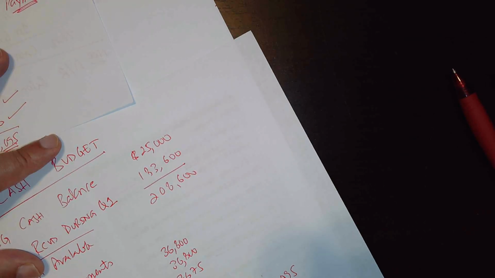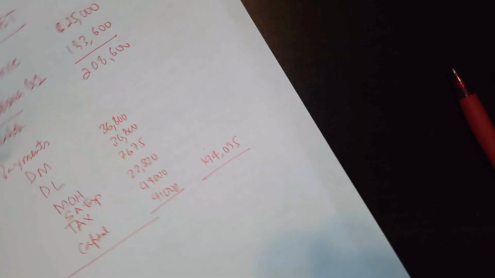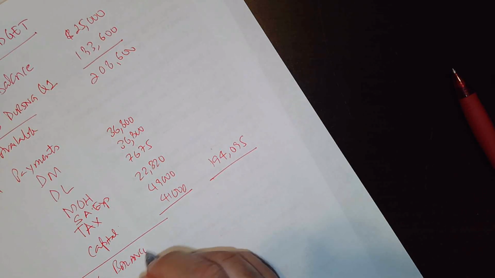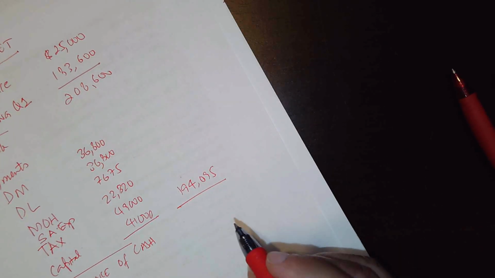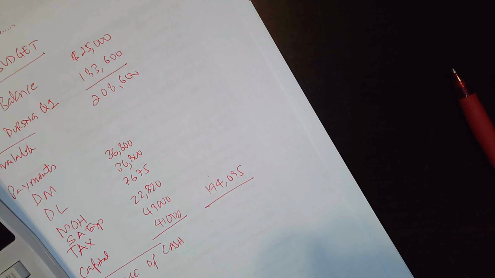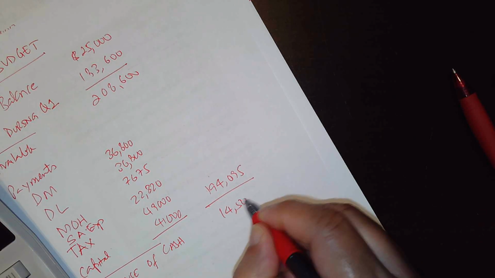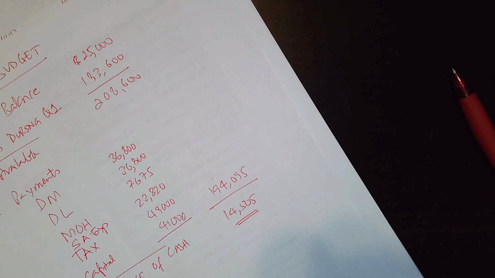Okay, so when we subtract this, this gives us an ending cash balance of $14,505. So that would be the ending balance of our cash at the end of the quarter.